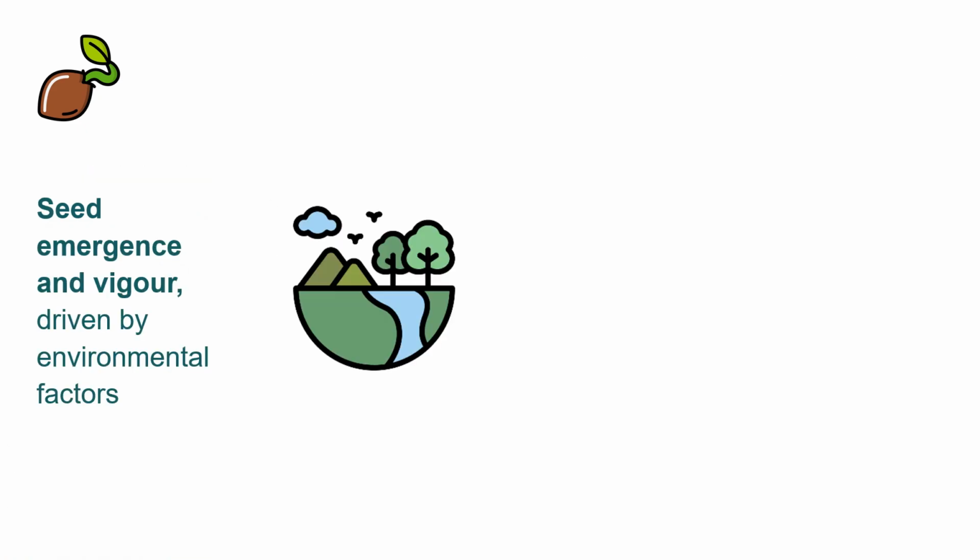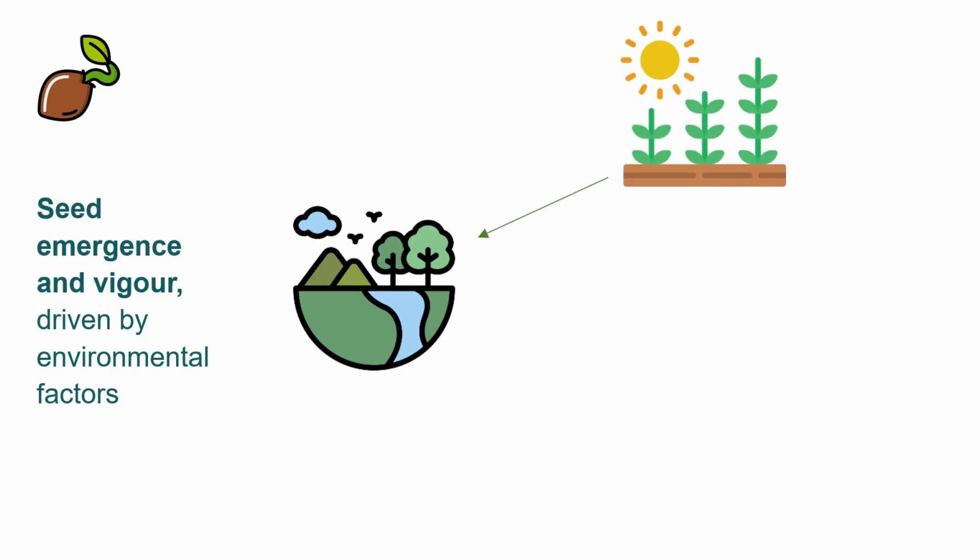The seed emergence and seed vigor of a seed lot mainly depend on environmental factors, although plant genetics also play a role. The environment plays a role at different stages, taking into account that seeds evolve in at least 3 environments from its development to sowing. During seed development, the field conditions of the seed crop determine future seed vigor.